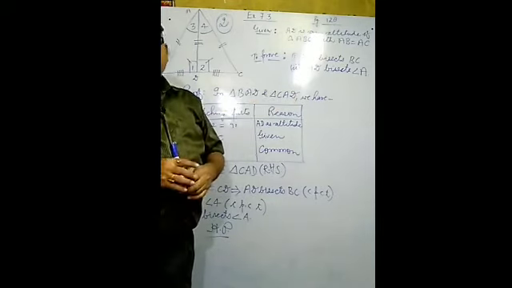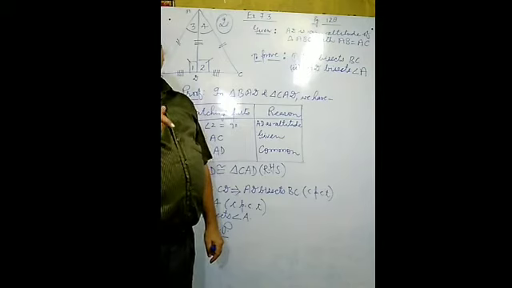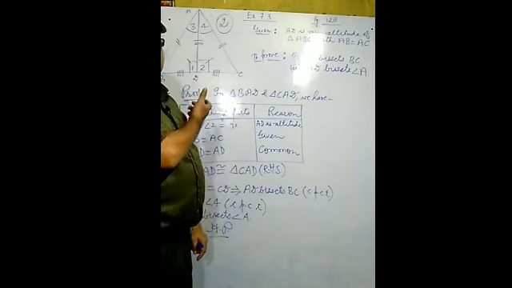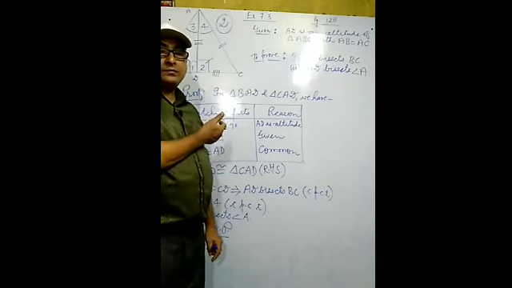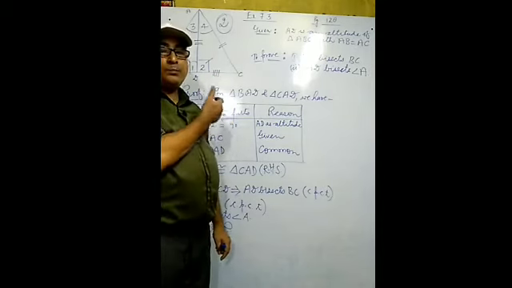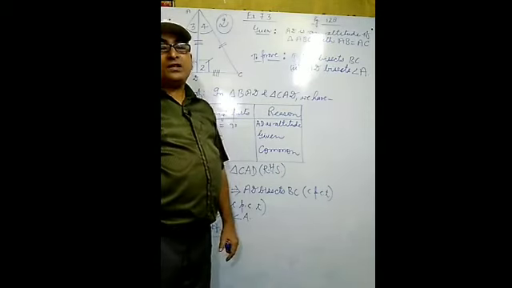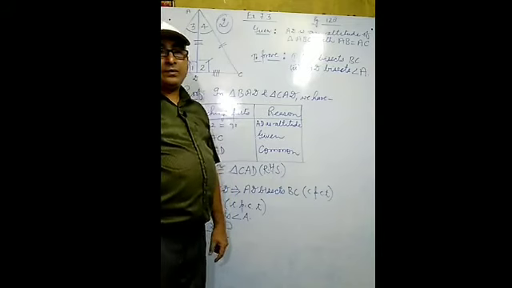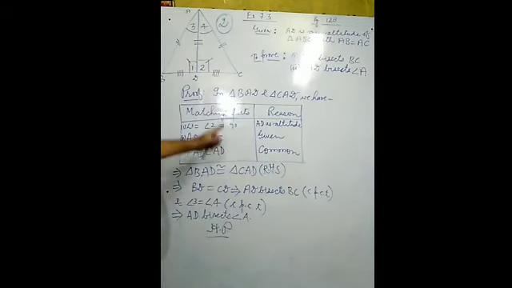By which criteria? That is right angle, hypotenuse, and one of the sides criteria adopted here. On the basis of this, both the triangles are congruent. In this way, we have proved both the results on the basis of CPCT. I think you are able to solve this question. So please note down or take a screenshot of this one.